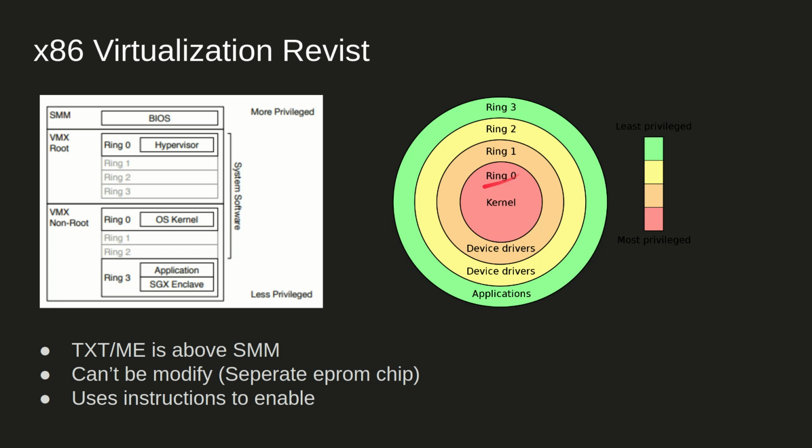It moves from rings, basically, but from this it creates this, and this is just the VM. Quite simple. I need to emphasize this thing. It uses instructions to enable this.